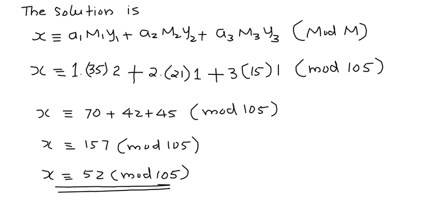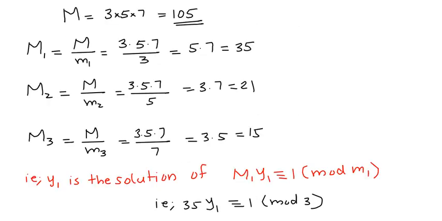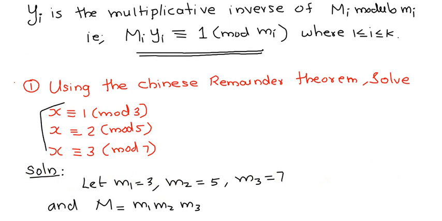That means this x value 52 satisfies all three equations, because 52 is congruent to 1 mod 3, 52 is congruent to 2 mod 5, and 52 is congruent to 3 mod 7.